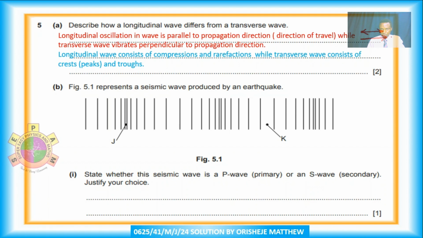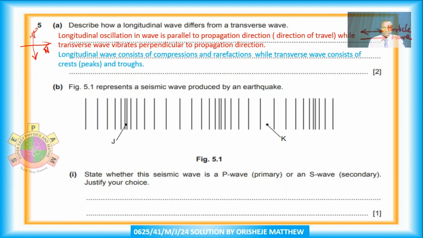This is the wave direction, and this is the particle vibration. Then for a transverse wave, if the wave is traveling to the right, the particles of the medium will vibrate up and down in this direction. So this is the particle, and this is the wave direction.